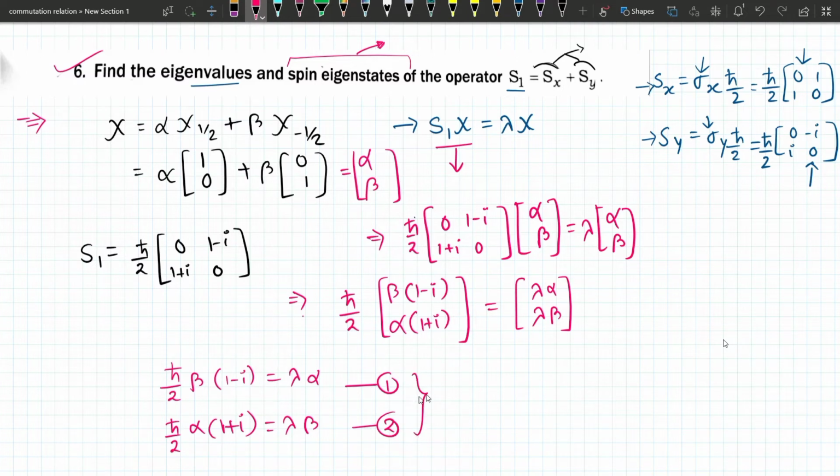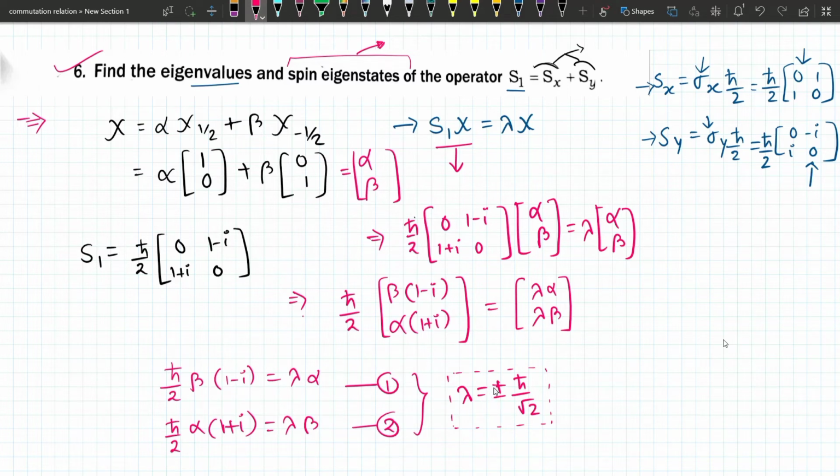Now solving these two equations, you will get lambda square equals h cut square over 2, or lambda equals plus minus h cut over root 2. This is the eigenvalue.